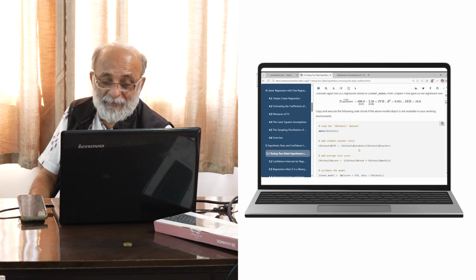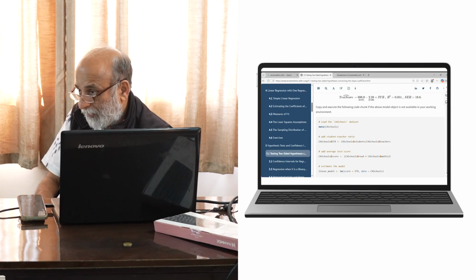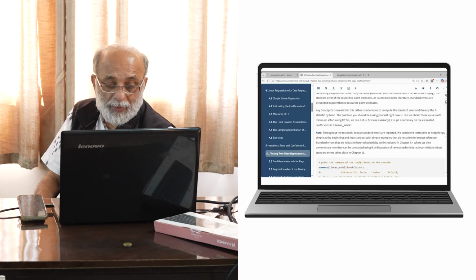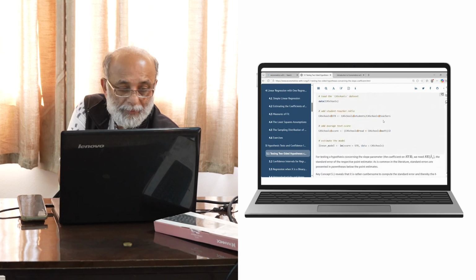And so you can create an average score: reading score plus math score over 2.